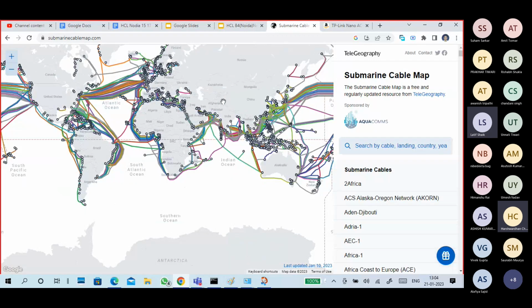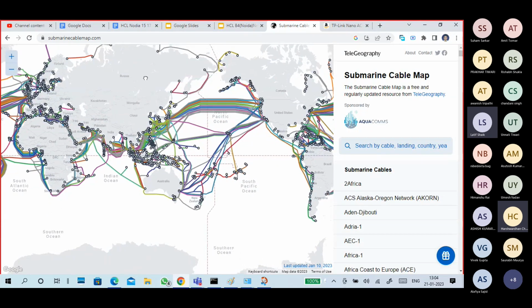Like this, you can see South Africa, America, South America, Australia.